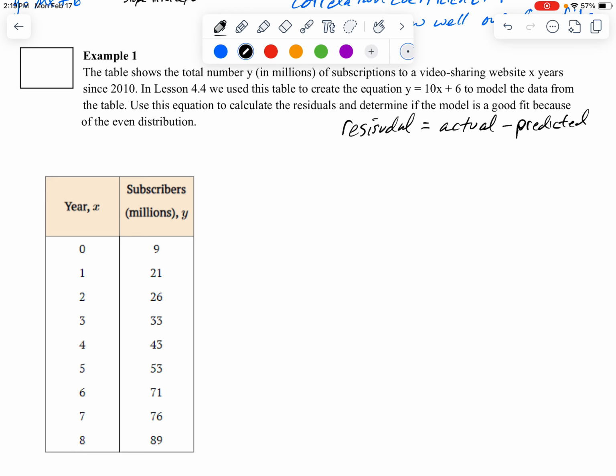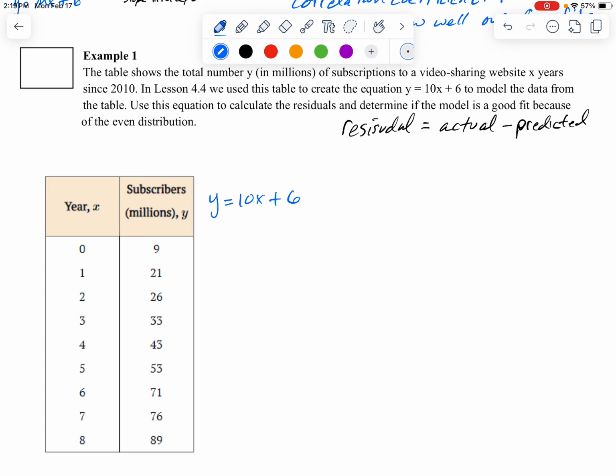So here are our actual y values. We have an equation which we can use to find the predicted values. So our equation here is y equals 10x plus 6.